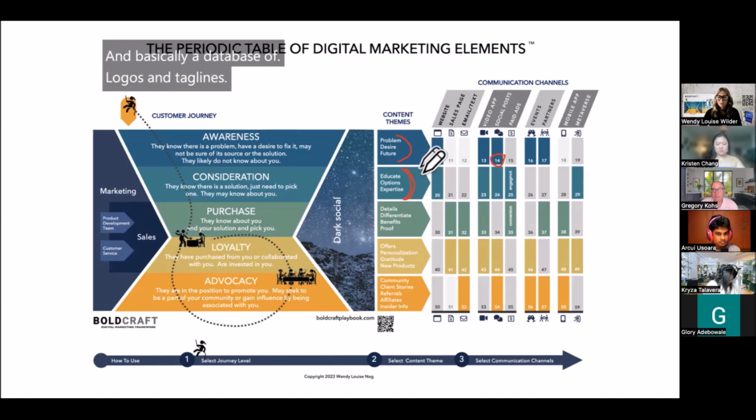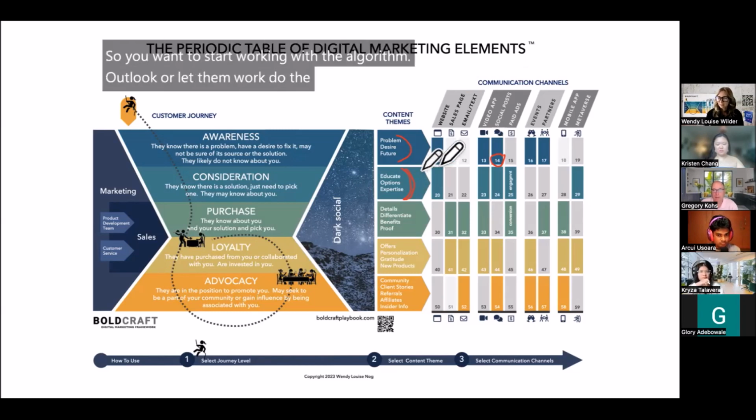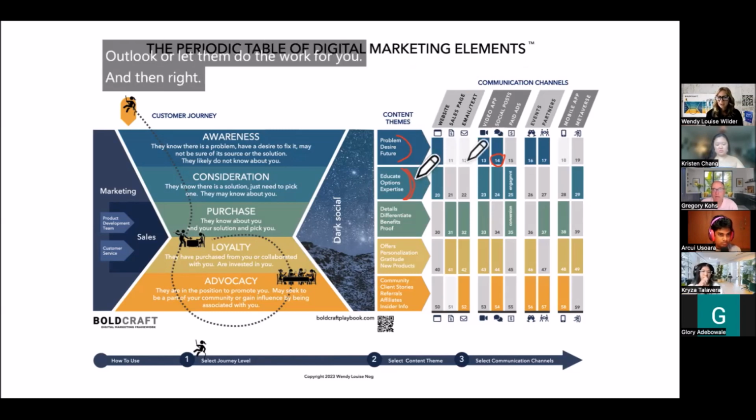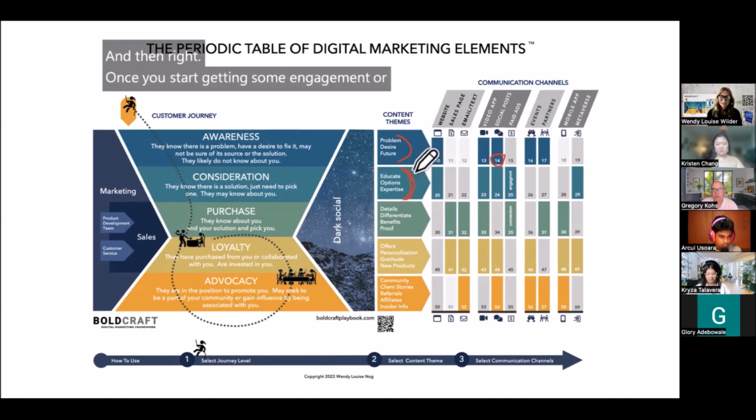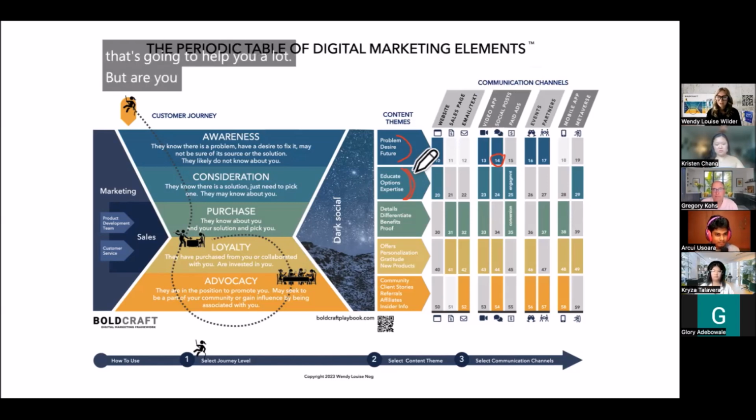So you want to start working with the algorithms. Let them do the work for you. Right. Once you start getting some engagement or some visits to your site, that's going to help you a lot. But you're in a similar situation to me.